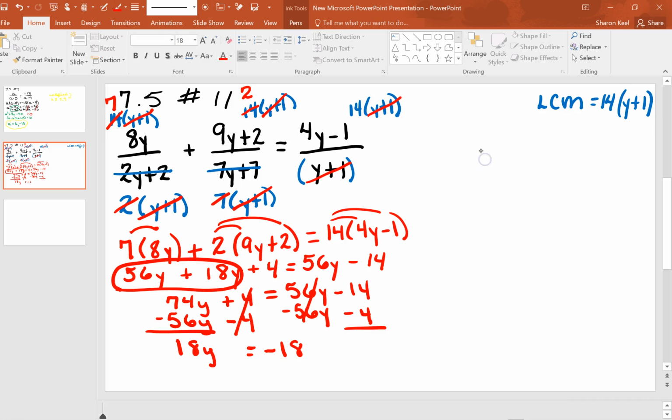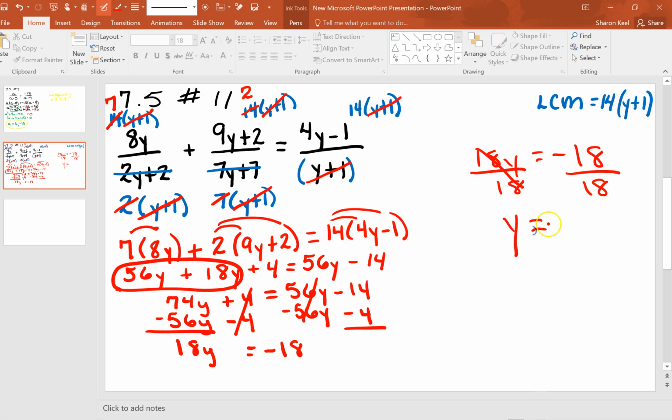So let me bring this up here. I have 18y equals negative 18. So to get y alone, I'm going to divide both sides by positive 18, and y is equal to negative divided by positive is a negative. 18 over 18 both cancels, so the final answer on this problem is negative 1.